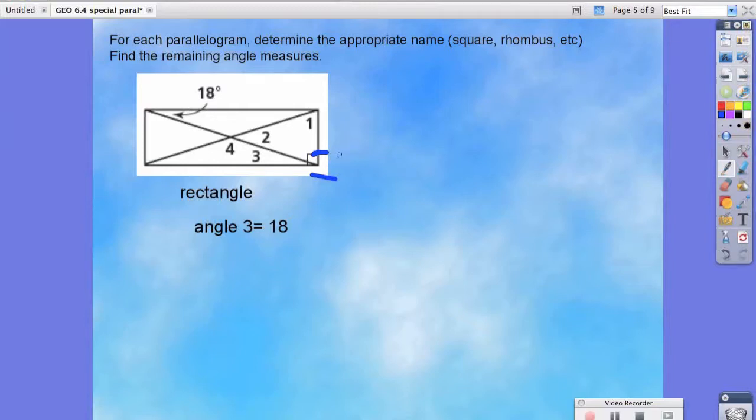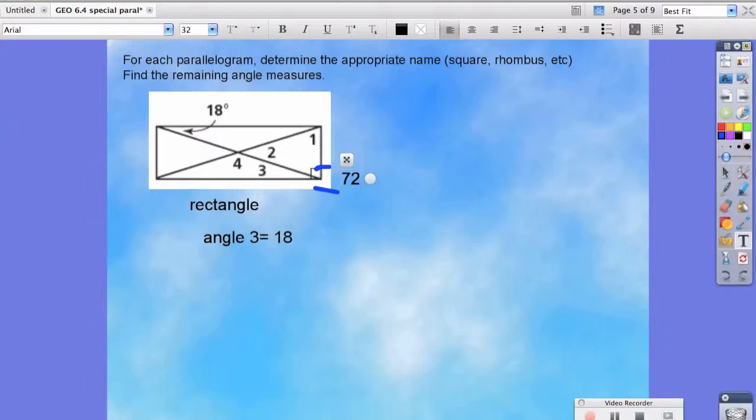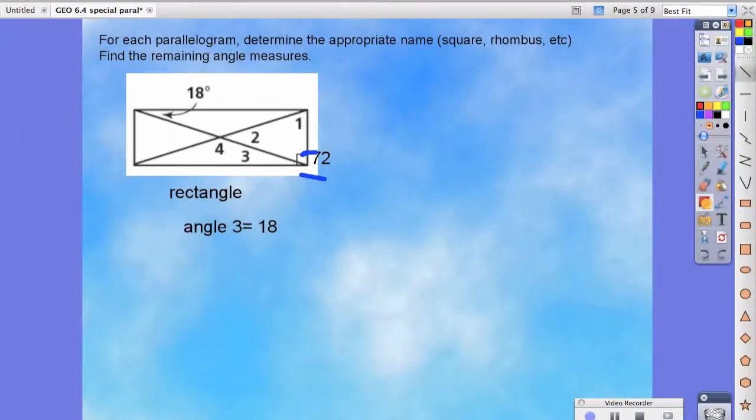Now if that angle right there is 72 degrees, and because we have one big triangle right here, and each triangle is 180 degrees, that must mean that this angle right here is also 90 degrees.